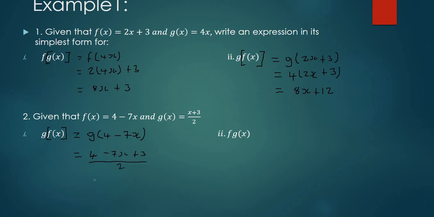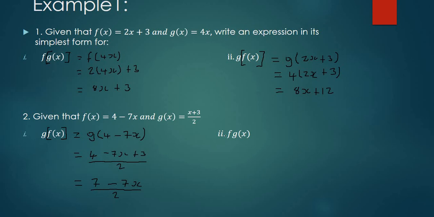All we need to do here is to simplify, and we're finished. So note here that 4 and 3 are like terms. That means that they can be added. So 4 plus 3, that's going to give us 7. Put back our minus 7x. And all of this should be placed over 2. At this stage, we can't simplify any further.